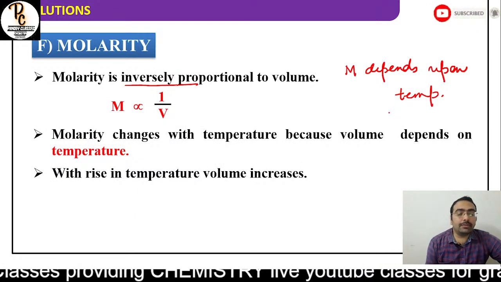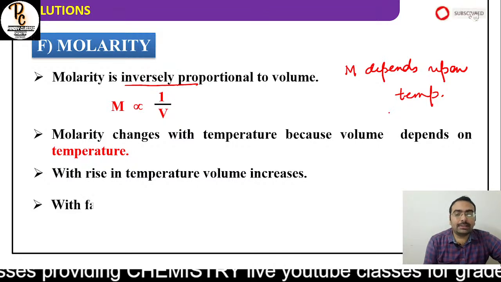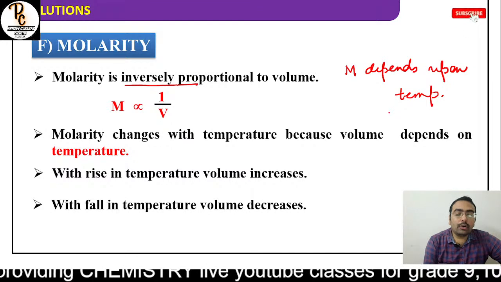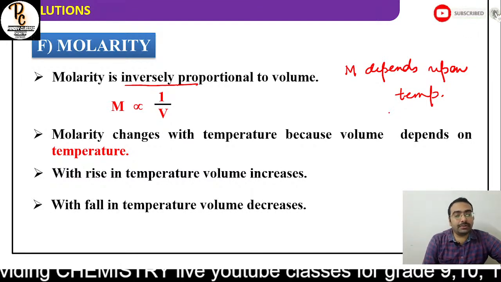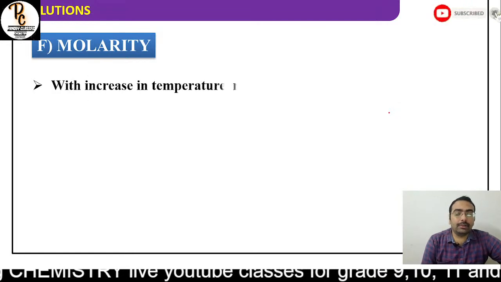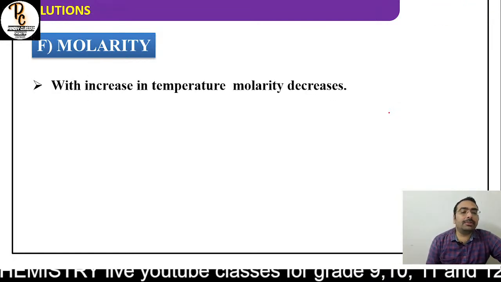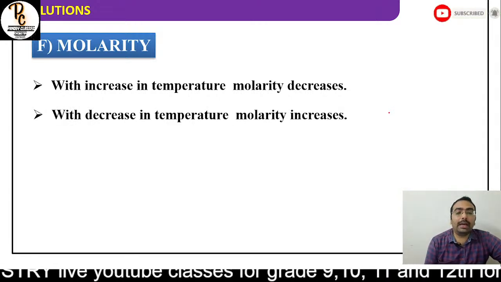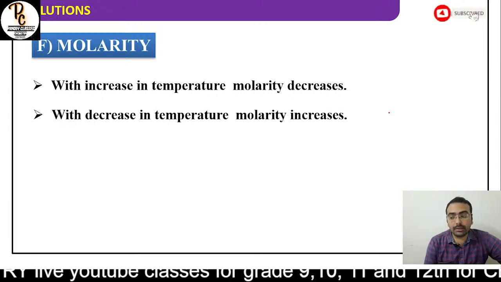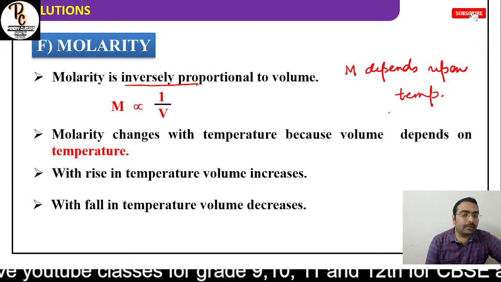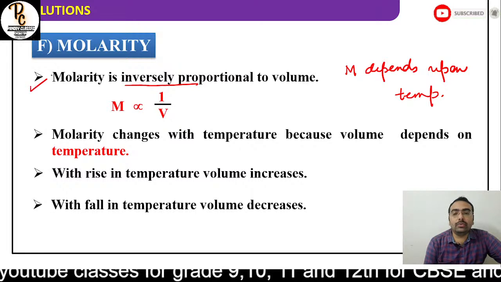With rise in temperature, volume increases, and with fall in temperature, volume decreases. So when temperature is increased, concentration decreases because volume is increasing. With increase in temperature, molarity decreases, and with decrease in temperature, molarity increases. Very important, especially for multiple choice questions. This is something very important that you need to know.